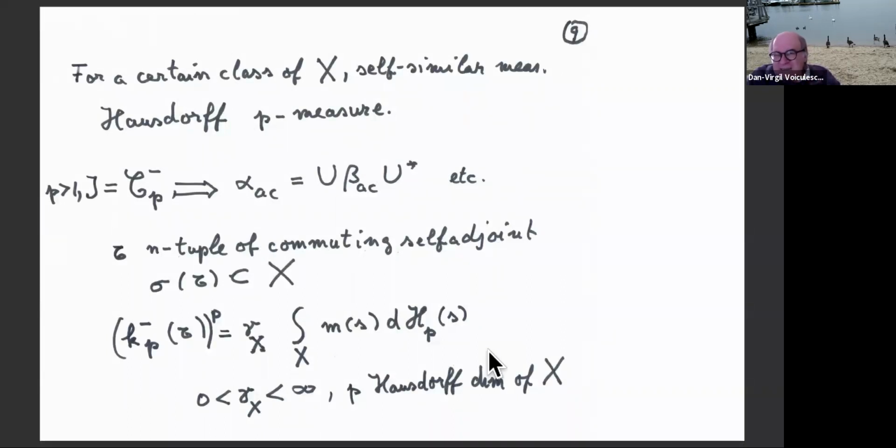First of all, one has all these results that the absolutely continuous parts are preserved if the ideal is C minus P. Here P is the Hausdorff measure of the self-similar fractal set, and the absolutely continuous parts, as I said, are with respect to the Hutchinson measure. So if the perturbation is in C minus P, then the absolutely continuous parts are unitarily equivalent.